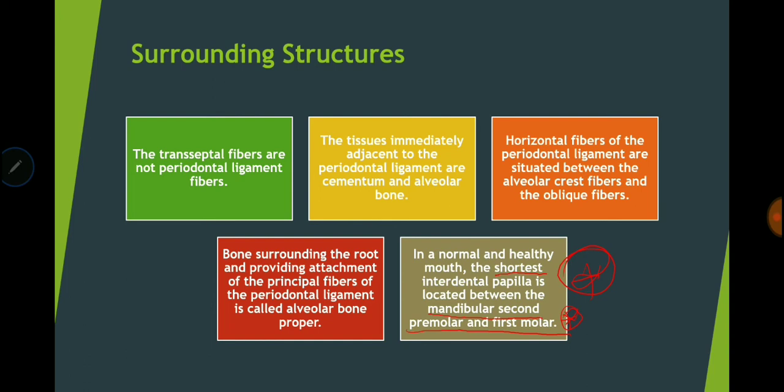That's where the shortest interdental papilla is. The bone surrounding the root and providing attachment of the principal fibers of the periodontal ligament is called the alveolar bone proper. Alveolar bone proper, where the principal fibers attach.